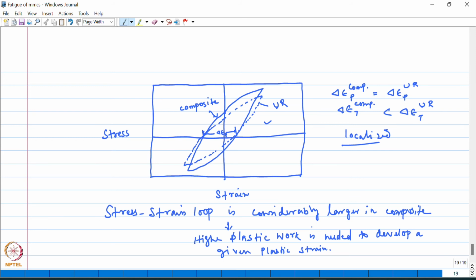And secondly, the difference in the stress strain loop that is developed in the composite also contributes to the inferior fatigue life of the composite. So this was all about the strain controlled fatigue behavior of metal matrix composites.